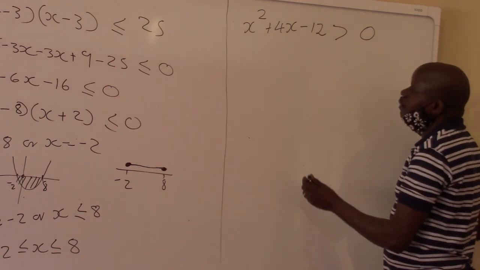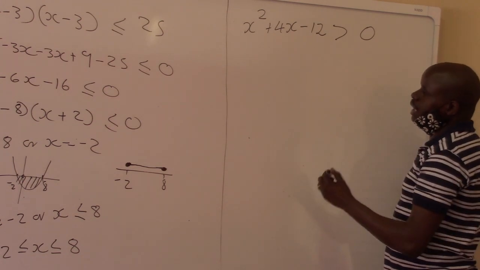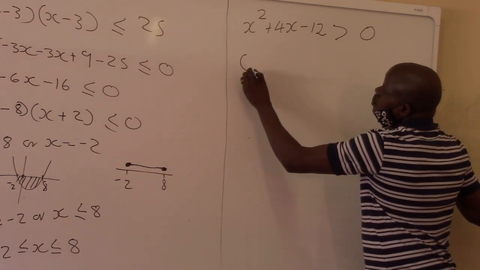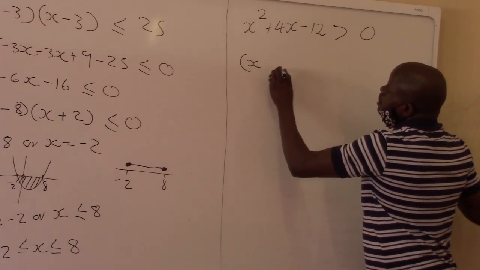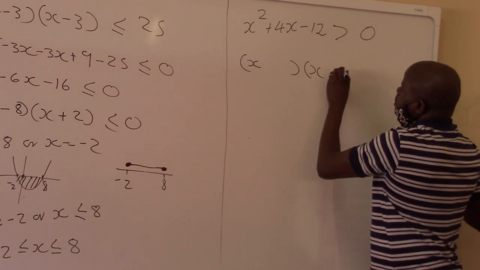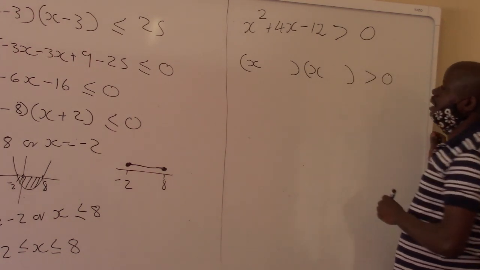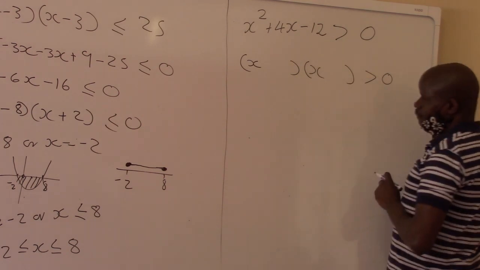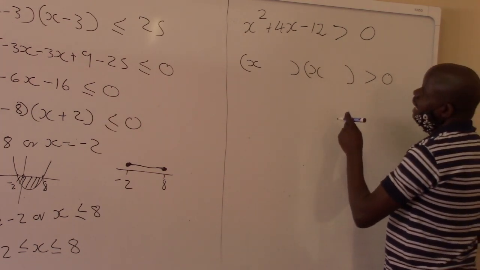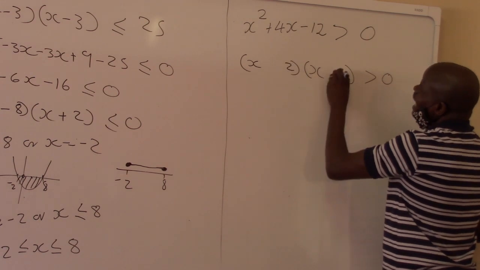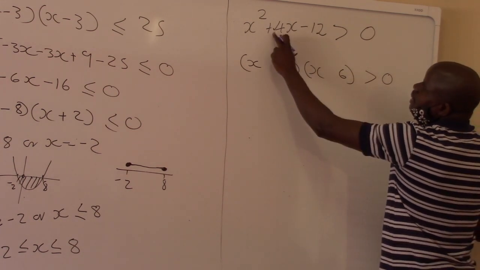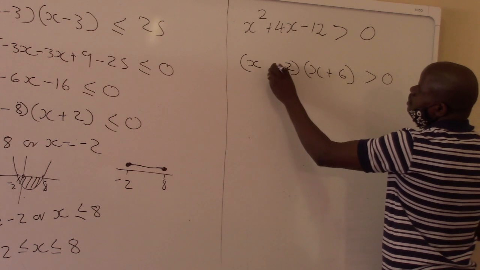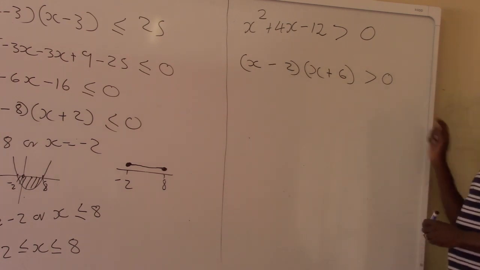So the only step that we need to take from here is just to say it's (x )(x ) greater than 0. So then the factors of 12, which will give us 4, are 2 and 6. And then that one is positive, so 6 will be positive, 2 will be negative, because the sign there is negative.